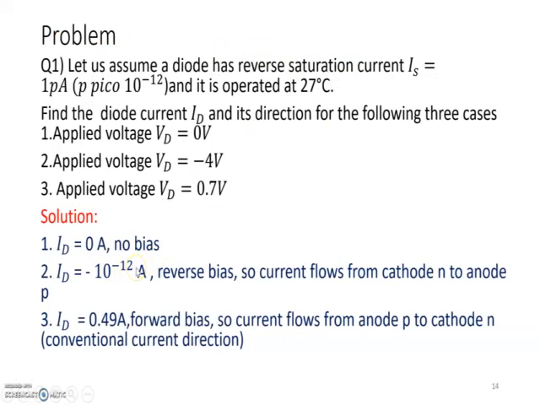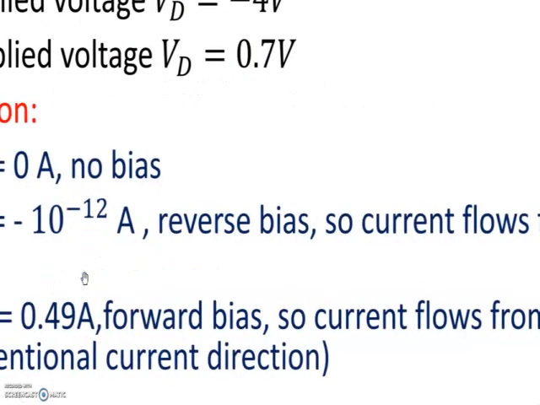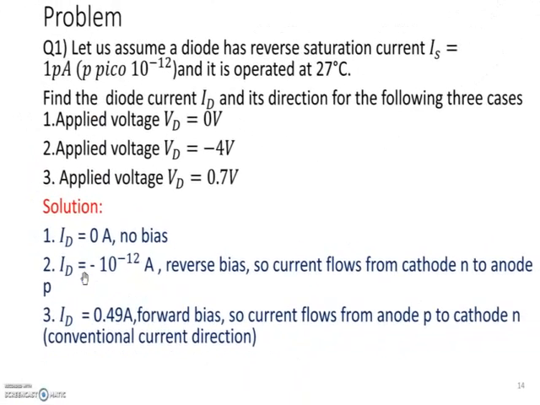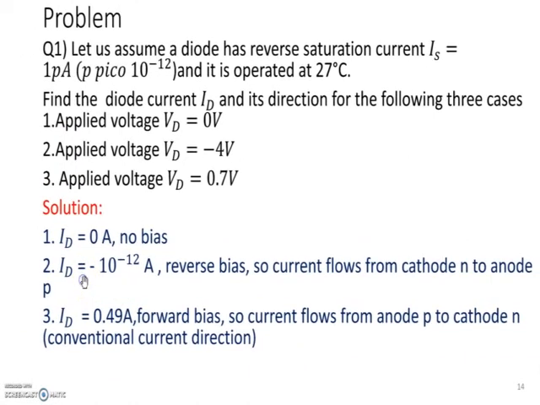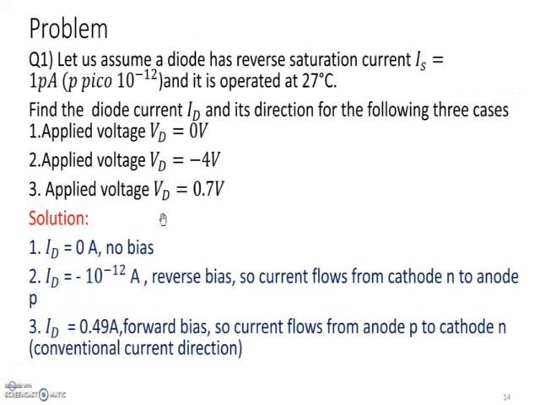In the second case, when Vd is negative, you will get Id equal to minus Is.